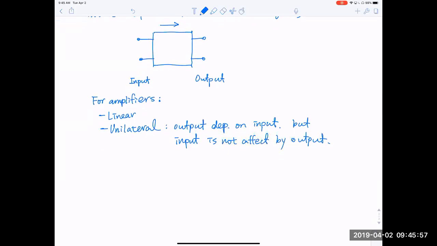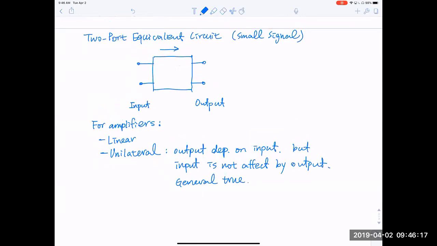This is generally true for most amplifiers. There are some feed-throughs through parasitics. We'll talk about some of those effects as we get more into details once we understand the fundamentals of these two-port circuits. Questions so far?